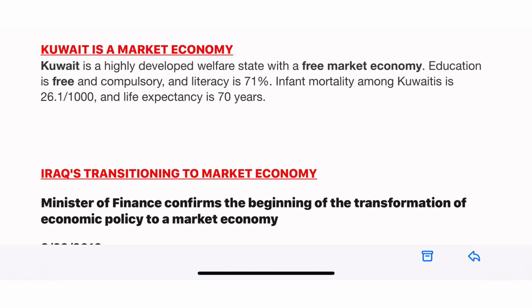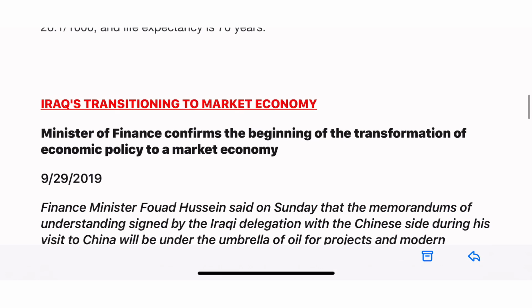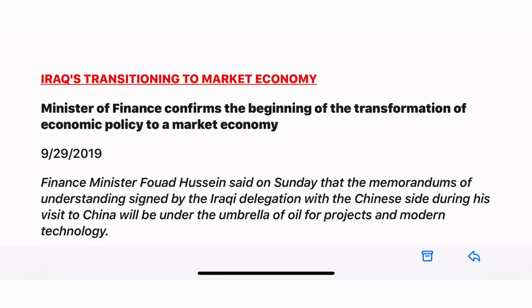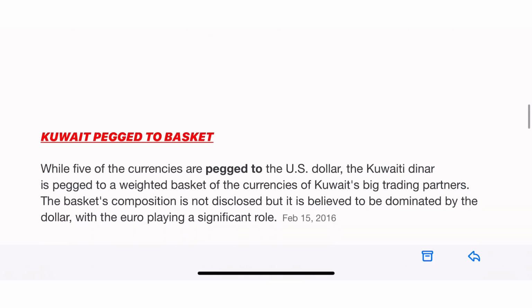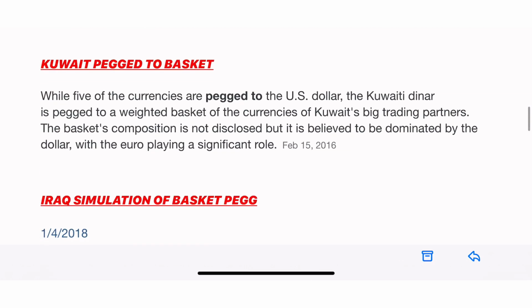Kuwait today actually is a free market economy. About 2 days ago, I just posted an article for you that Iraq is now transitioning to a market economy. So right there's more similarities. They'll both end up as market economies. And then the Kuwait dinar today is currently pegged to an assortment basket such as the SDR.